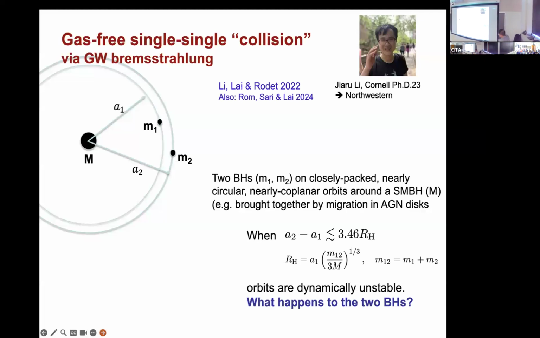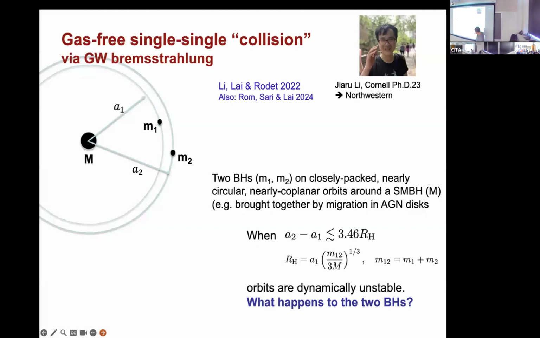Now, it's well known that if A2 minus A1, the separation of the two orbits, is closer than roughly 3.5 R_H, the mutual Hill radius of the system of two little black holes, then these orbits are dynamically unstable.